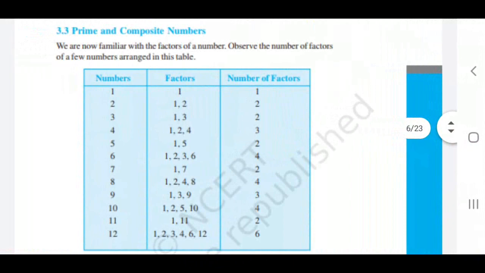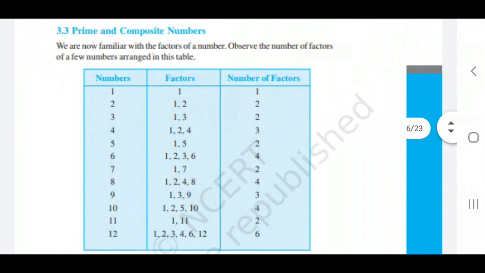I have said prime numbers have two factors, but 1 has only one factor. So 1 is not a prime number, and not a composite number. 1 is a special number. 1 is neither prime nor composite. Understood?